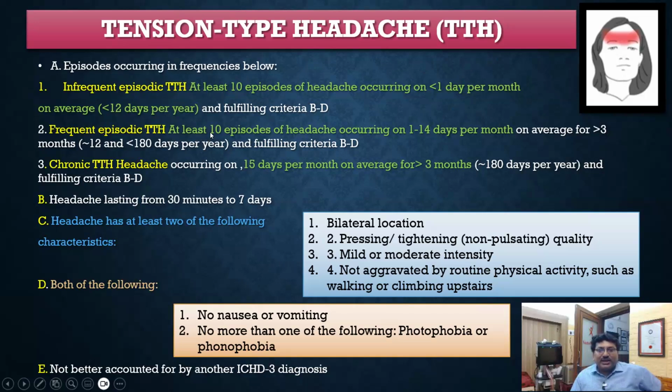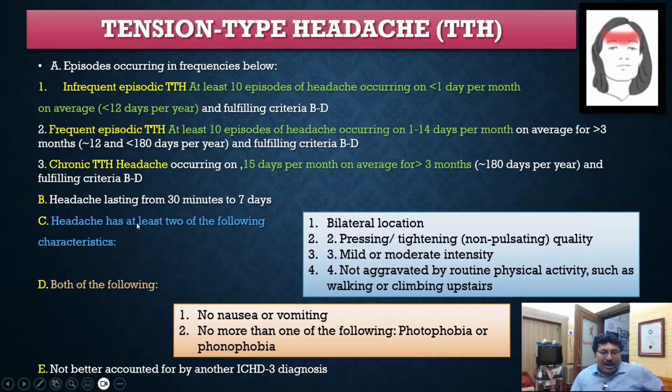Whereas frequent TTH is at least 10 episodes occurring on 1 to 14 days per month, on average for more than 3 months. And chronic headache should be lasting more than 15 days per month for more than 3 months. Okay, and the headache should last 30 minutes to 7 days.